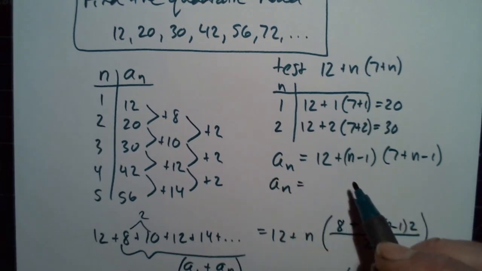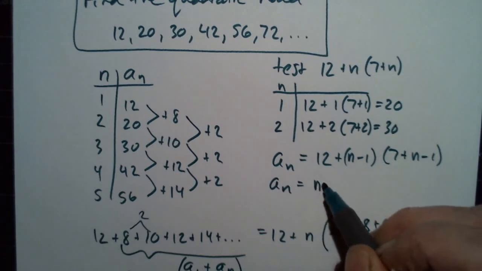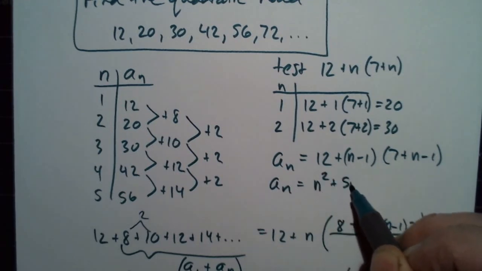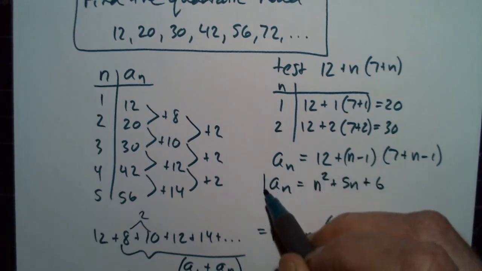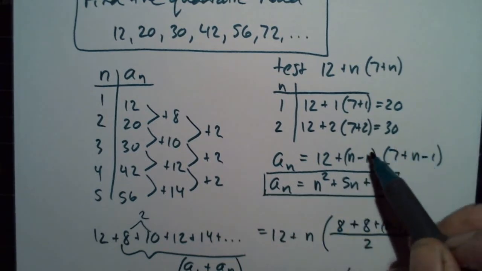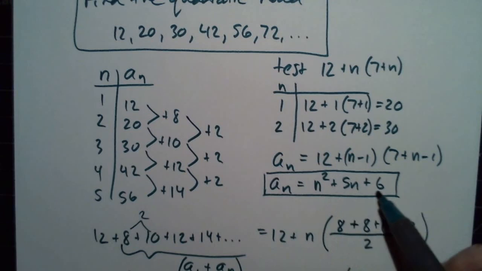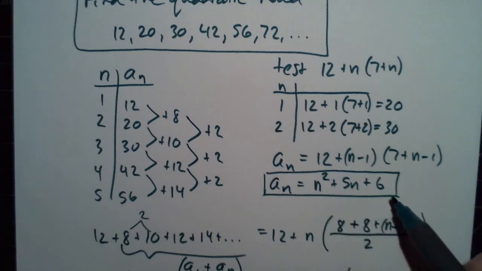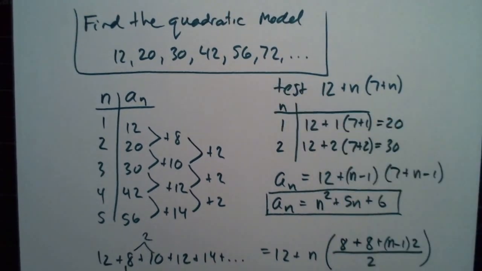And this simplifies to n squared plus 5n plus 6. So if we combine, distribute, and then combine the 12, we should end up with that quadratic model, which is also, we could just call that the nth term of that sequence. And that's the end of that video.